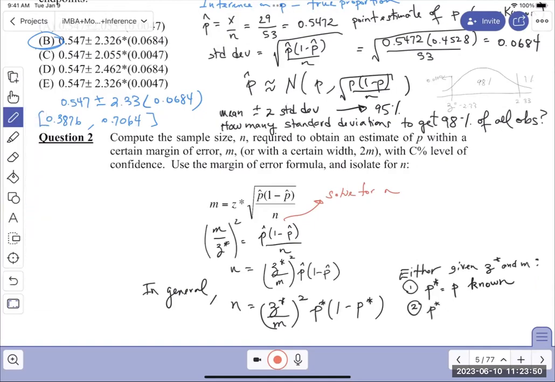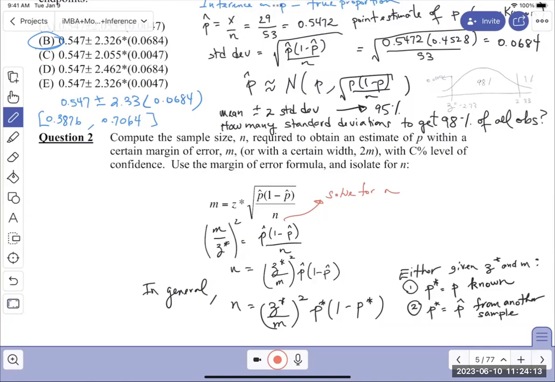Otherwise, you can use P star from an old sample. A good sample. I shouldn't say good because we're going to assume all samples are good, even though we didn't think about that when we first learned about sampling in module 3.